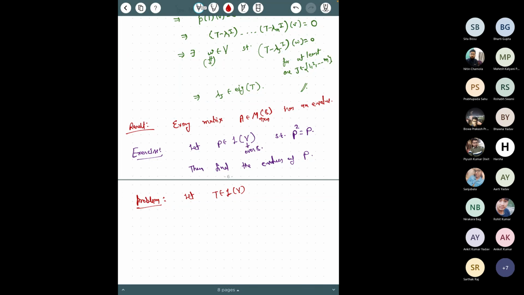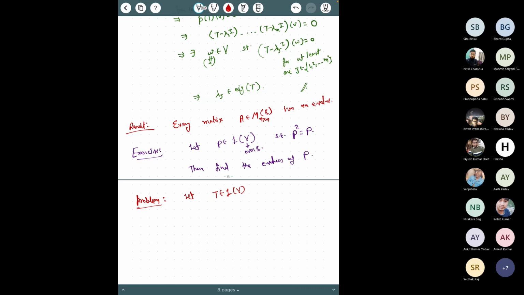There is this notion of eigenvalues and eigenvectors for an operator on an infinite dimension vector space also, but then it is not that straightforward. It is more complicated, and you need some other things also in order to define that. So we are restricting ourselves to operators on finite dimension vector spaces.